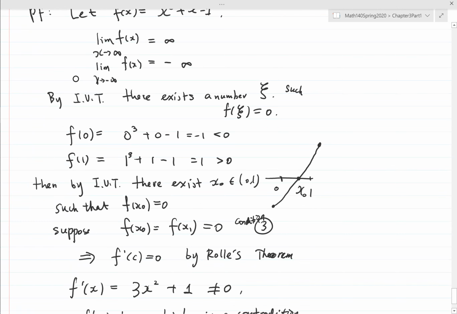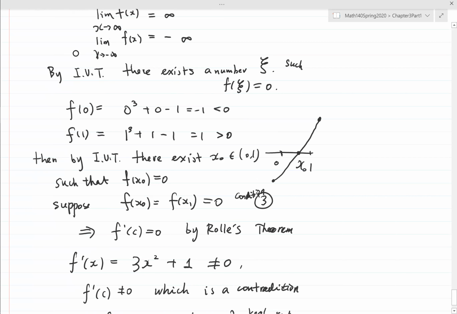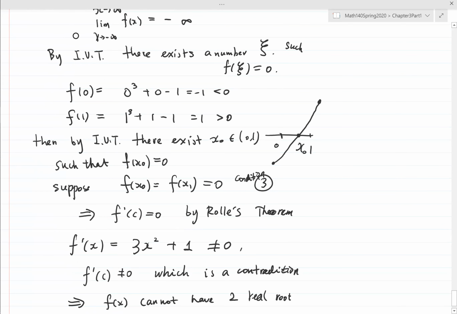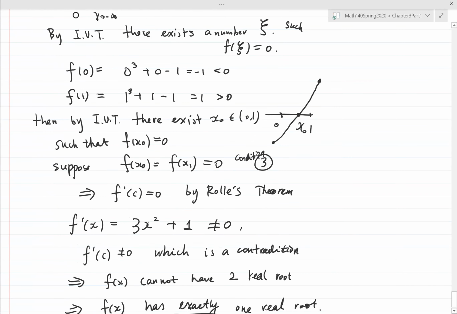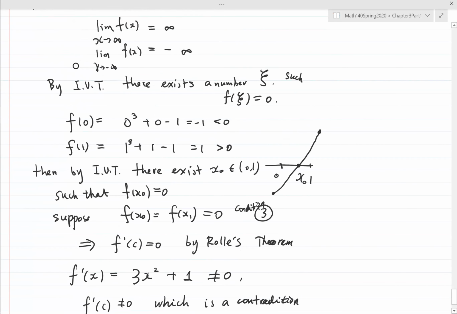At one endpoint it is positive, at the other endpoint it is negative. Then by the intermediate value theorem, there should exist a point x0 such that at x0 the function value is 0. So this tells us there exists a root. Now we need to do more work to show that there is exactly one root.